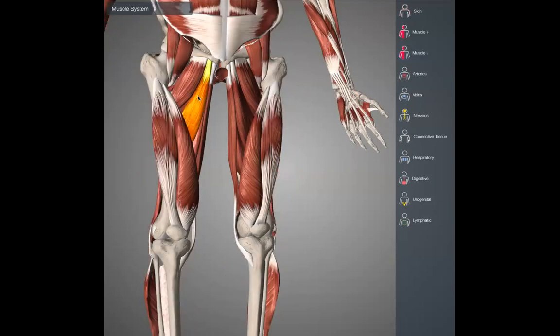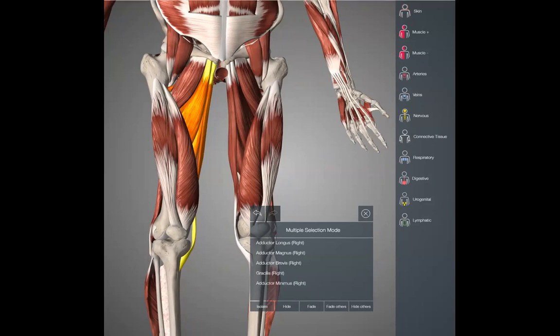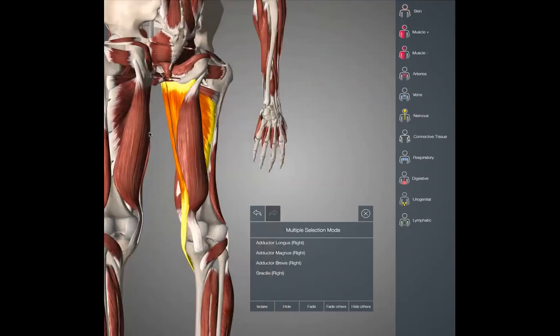We have longus, magnus, brevis, gracilis, longus, brevis, and obturator externus. I hope I can find this. No, there's minimus with us. No, minimus, it's not here. We need the externus here.